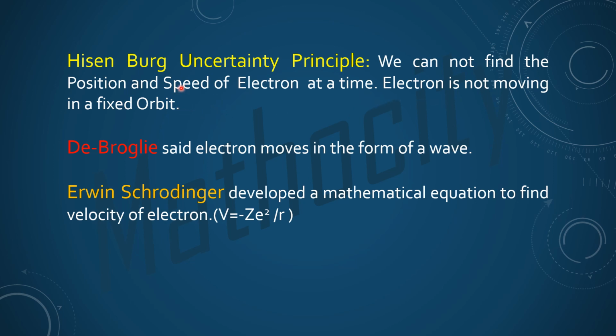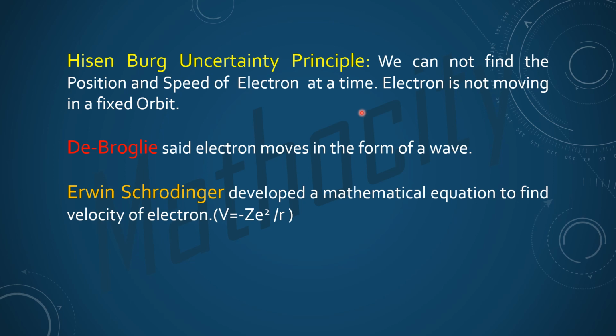This is known as the Heisenberg uncertainty principle. If the electron really moved in a fixed, stationary path, it would be very easy to locate its position and speed. But it is not moving in a definite path. So the Heisenberg uncertainty principle states that it is not possible to find the speed of the electron and to locate its position at a time.